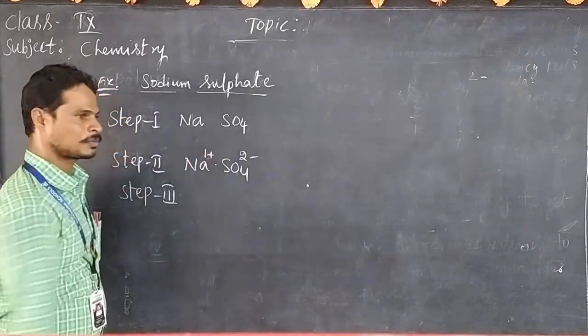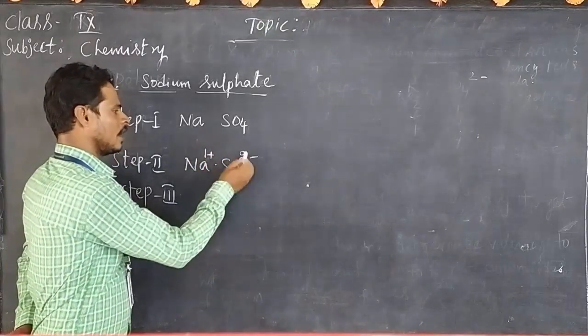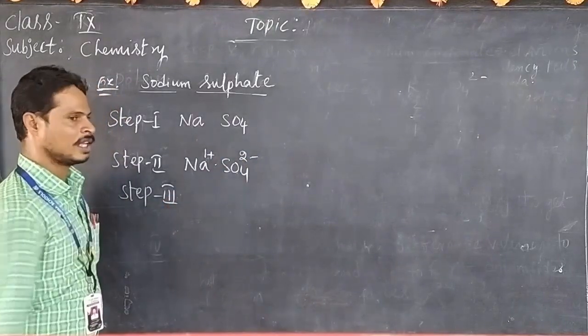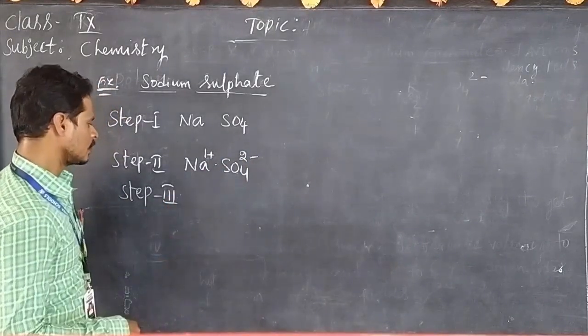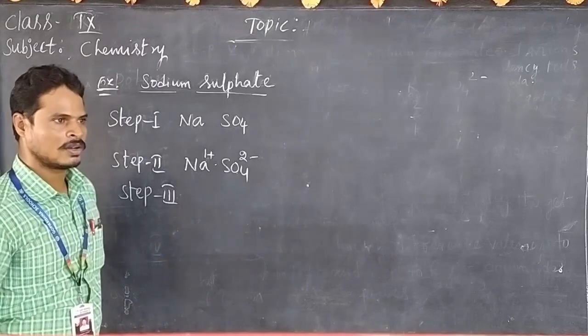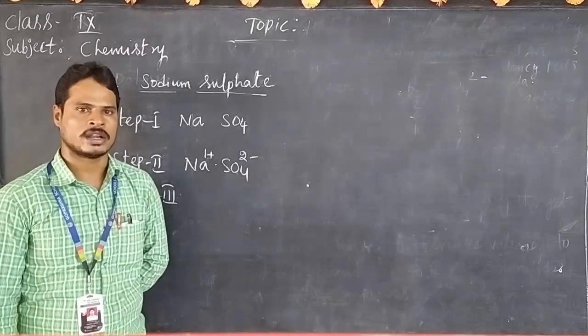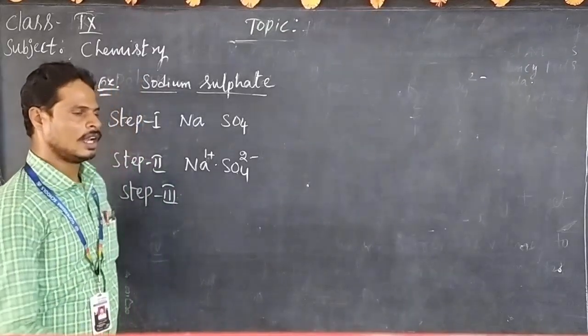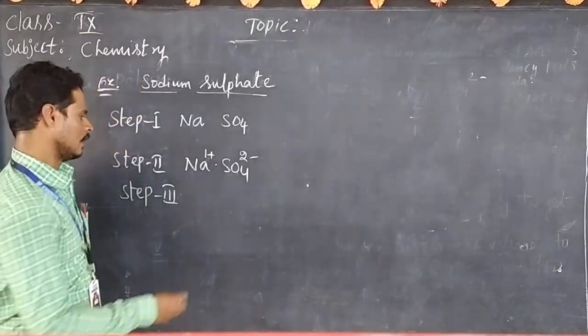But here, cation and anion have different valency. That's why step 3 is ignored. Next goes to step 4. So what is step 4? If cation and anion have different valency, then shift the valency left to right, right to left.